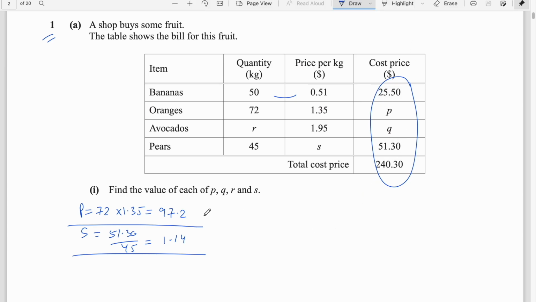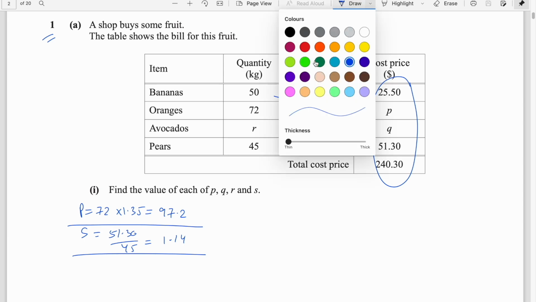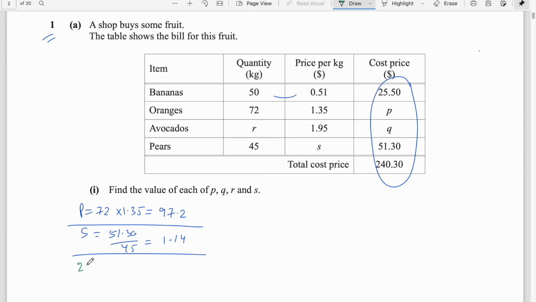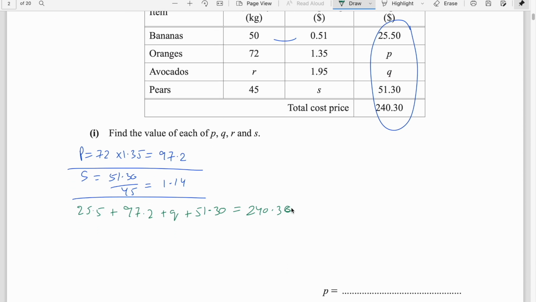So let's add these all. 25.5 plus P, which is 97.2, plus Q plus 51.3, and total is 240.30. So Q plus 174 is equal to 240.30.